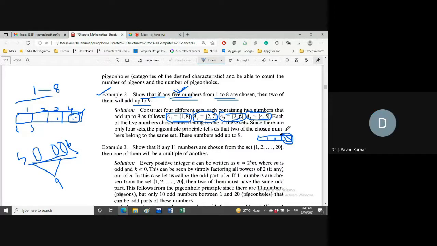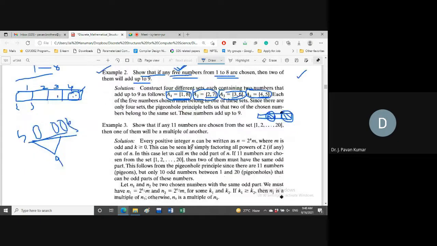Suppose this particular pigeonhole is filled with two numbers, then definitely those two will be 2 comma 7, yes or no? Yes, sir. So definitely there exists a pair which will sum up to 9. This is the proof. Got it? Yes, sir.